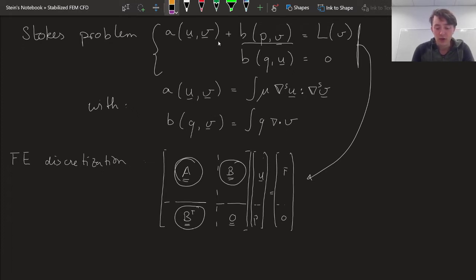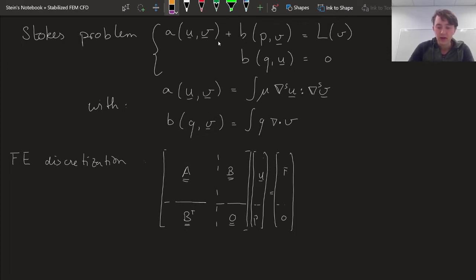Now, the issue that I've been pointing out already a couple of times now is that a challenge with problems like these is that the LBB conditions, even if they're satisfied in one case, it doesn't mean that they're also satisfied in another case.